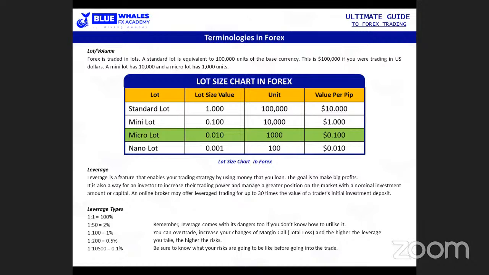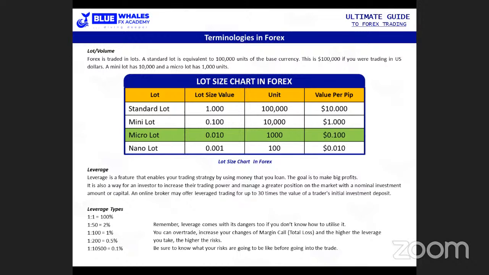Yes, so that's it. Then you can see that we have the units. Under the lot size value, we have 1.0, 0.10, 0.01, and 0.001. A standard lot will give you a lot value of 1.